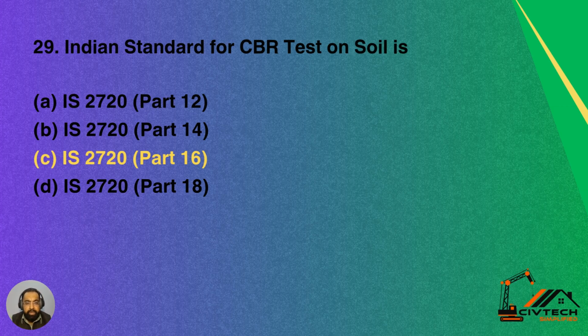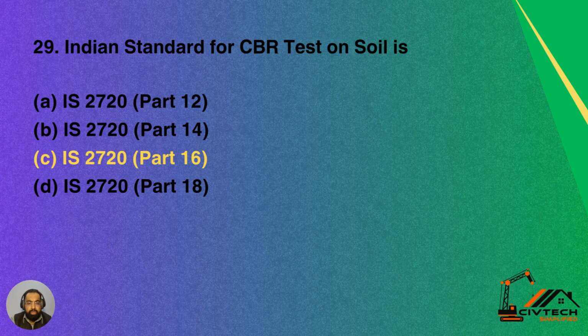Question number 29. Indian standard for CBR test on soil is option A IS 2720 part 12, option B IS 2720 part 14, option C IS 2720 part 16, option D IS 2720 part 18.